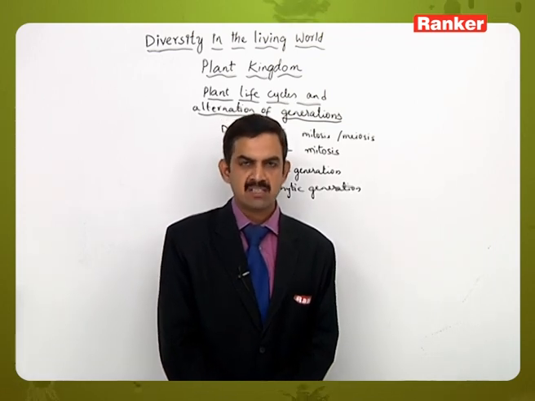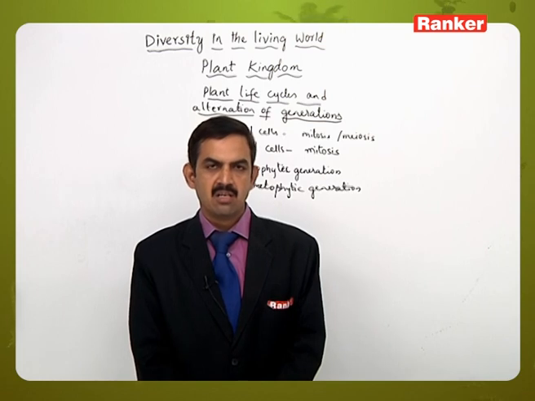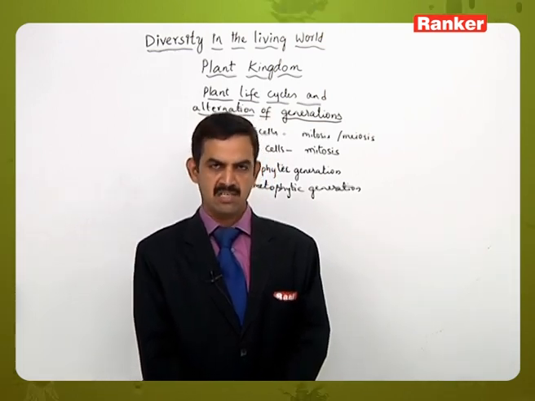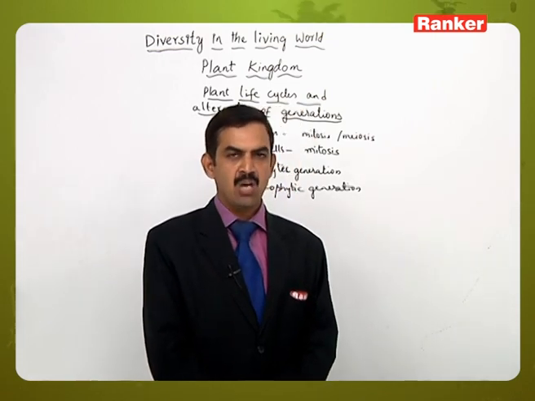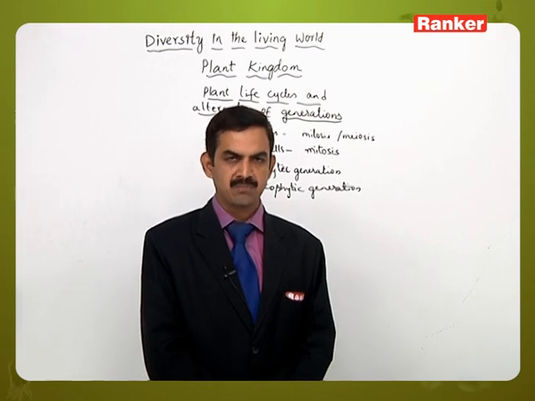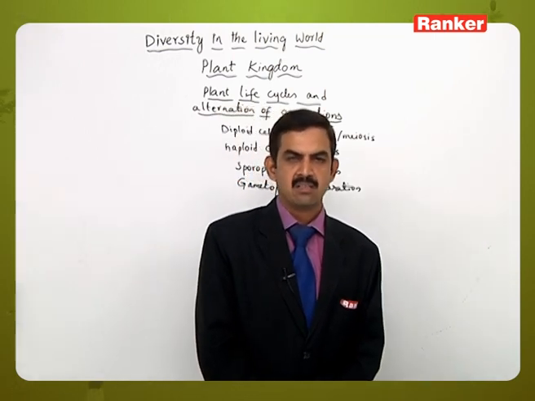Based on that, we can say gametic meiosis, sporic meiosis and zygotic meiosis are present. So let us see the life cycles and how the two generations, if they are existing, alternate with each other in the different life cycles.